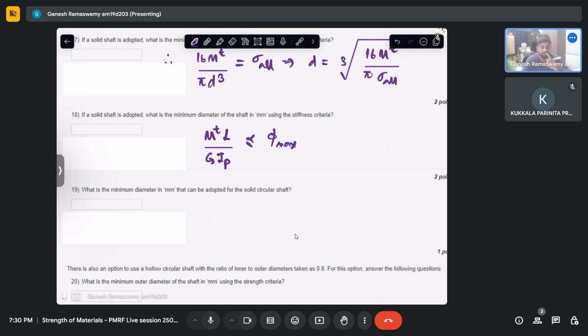Now we should not forget that when we substitute this, 1 degree must be substituted in radian. It will actually not be less than 1, it will actually be less than pi by 180, which is equal to pi by 180.